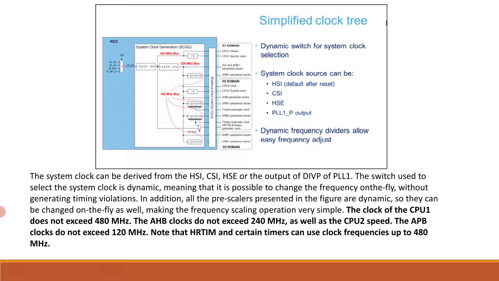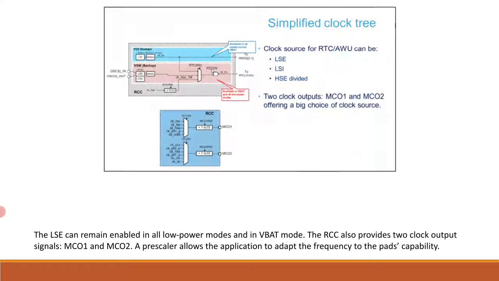The clock for RTC or AWU can be selected from among LSE, LSI or HSE divided. Note that when HSE divided is used as a kernel clock for the RTC or AWU, the frequency cannot exceed 1 MHz.